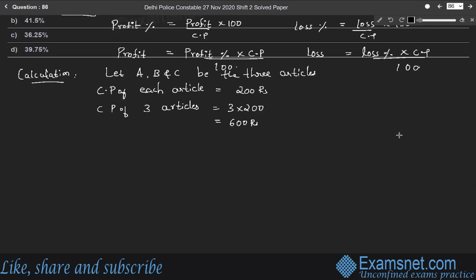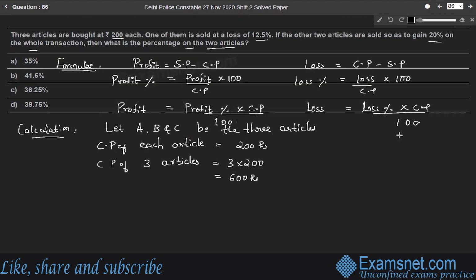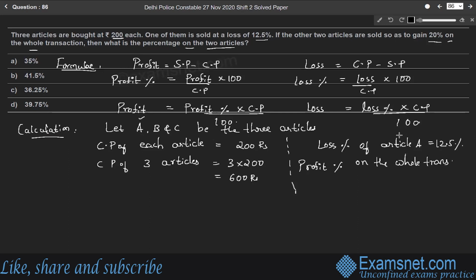So here at the same time, the loss percentage of one article. Let A be sold at some loss, that is 12.5. So we'll take it simultaneously: loss percentage of article A is equal to 12.5%, whereas profit percentage on the whole transaction is equal to 20%.